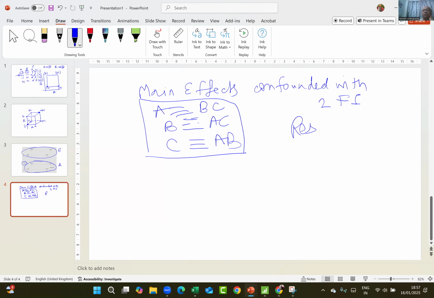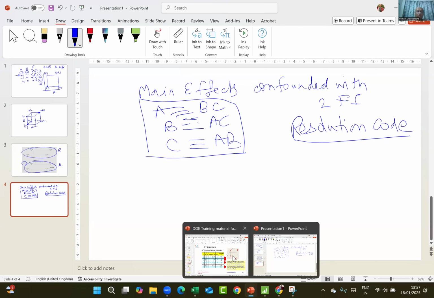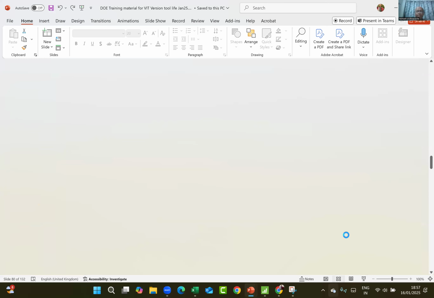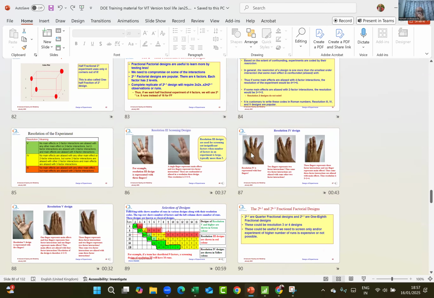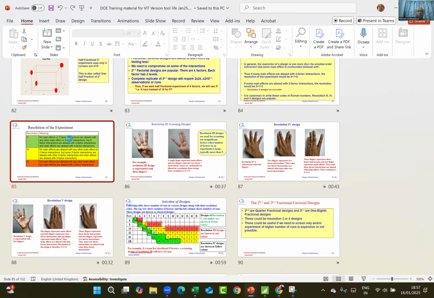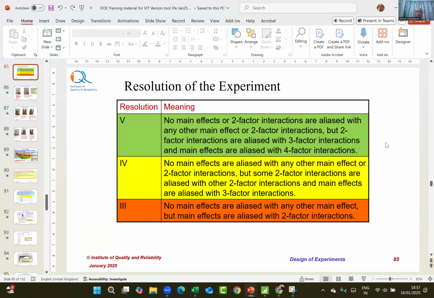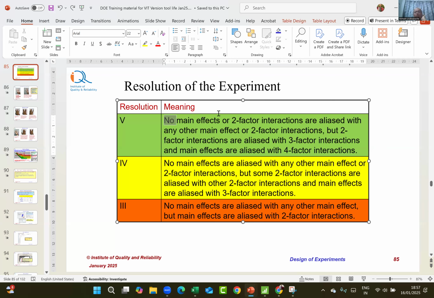Now let us understand what the resolution codes are. I'll show you a table here for the resolution codes. Yeah, here is the description. So you can have resolution 5 designs, and 5 means no main effects or two-factor interactions are confounded or aliased.